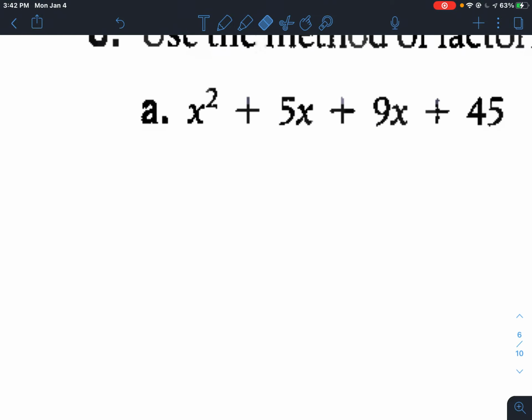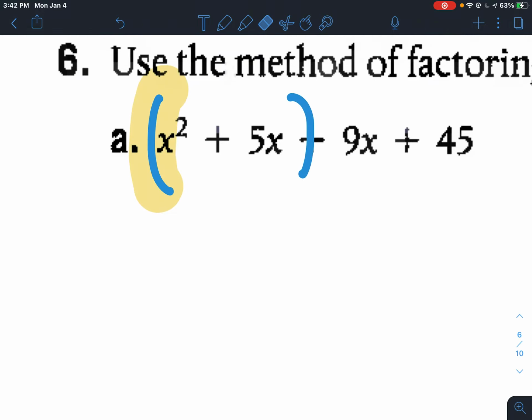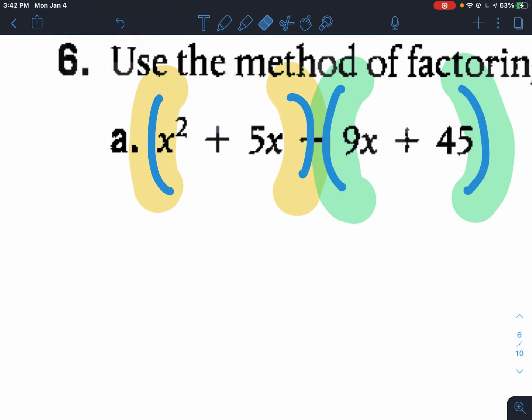So we have x squared plus 5x plus 9x plus 45. Factoring by grouping is we're going to take this expression and we're going to divide it up into two groups and factor each little group. So this x squared plus 5x, can I factor out a GCF? Yes, I can.